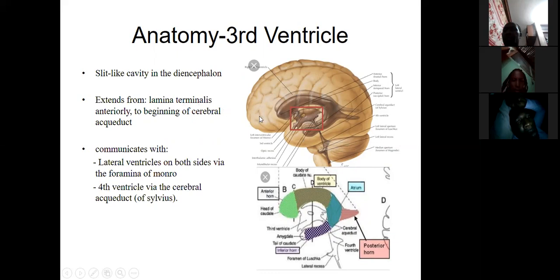It extends from the lamina terminalis anteriorly to the beginning of the cerebral aqueduct posteriorly. This third ventricle communicates on both sides with the lateral ventricle through the foramina of Monro, and inferiorly with the fourth ventricle through the aqueduct of Sylvius, the midline cerebral aqueduct.